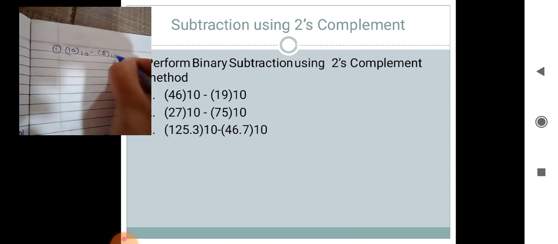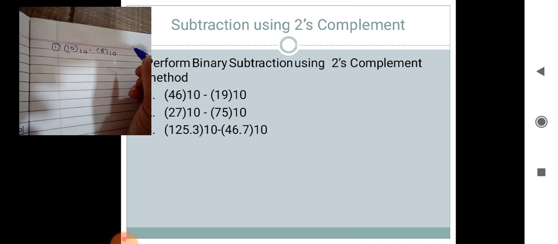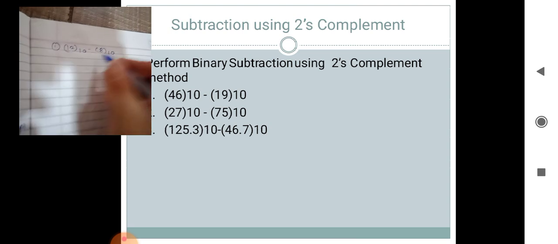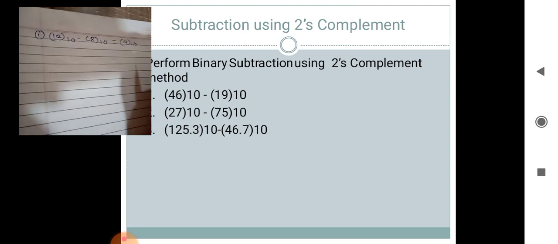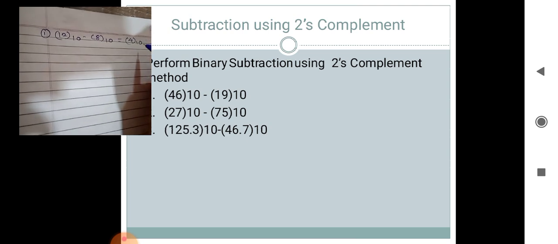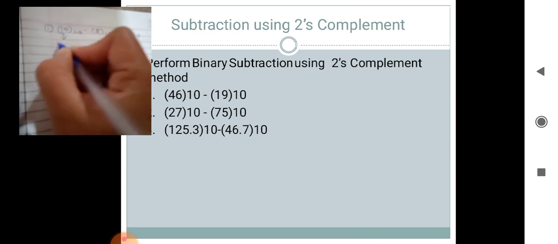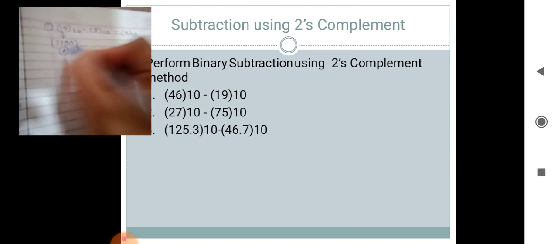See the examples carefully and then try to solve the exercise which is given in this slide. So we have taken 12 minus 8. The result should be 4 in decimal. We have to prove this with the help of 2's complement subtraction. First we'll write 4-bit binary for these decimal numbers. This is A.